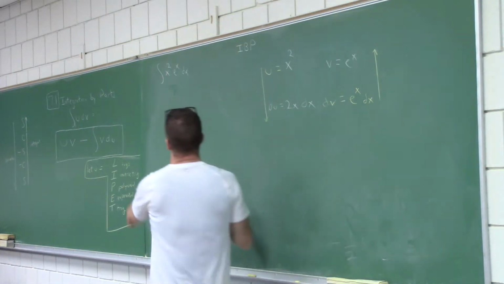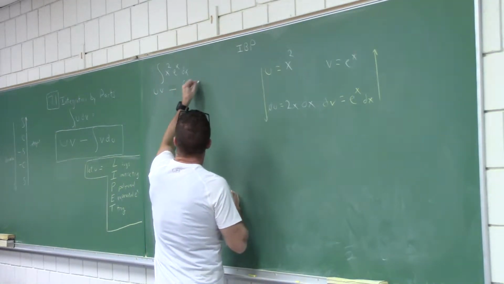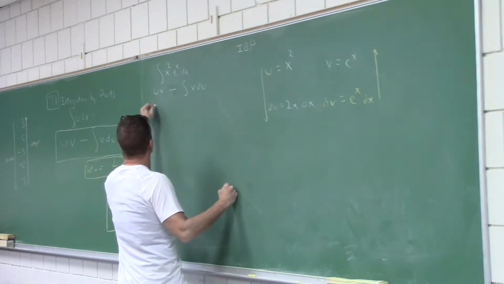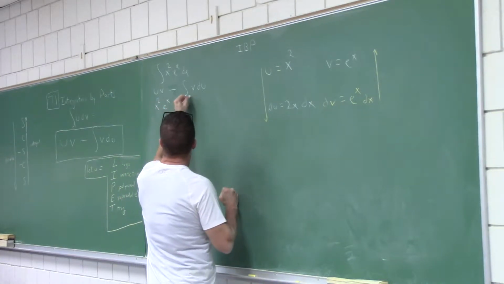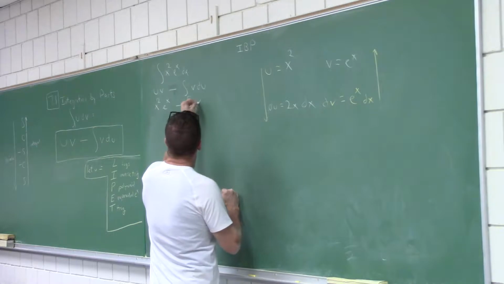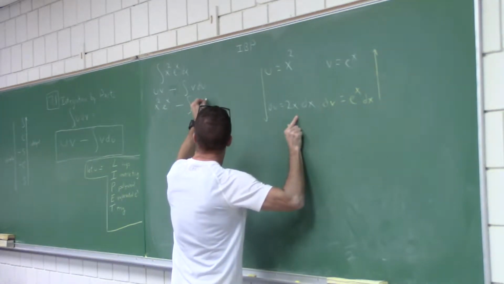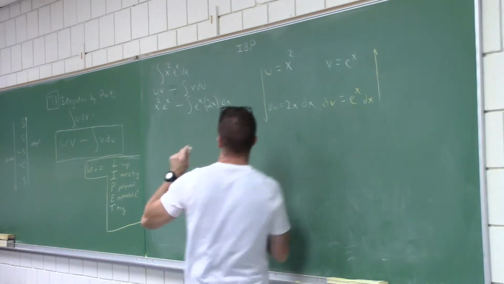All right, uv minus integral v du, or voodoo. I get x squared times e to the x minus the integral of e to the x, and then I have a 2x dx.